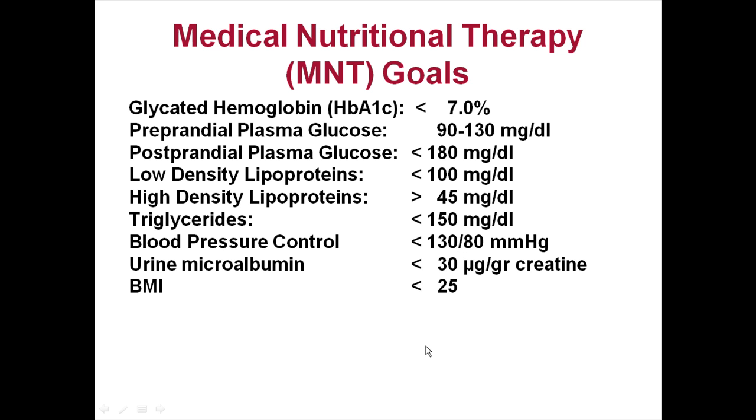Blood pressure is very important because of high risk of stroke in diabetes, then microalbumin, and then BMI, body mass index, less than 25. 25 or over is considered overweight, and that's when you'd get into the range of possibly being at risk for type 2 diabetes.